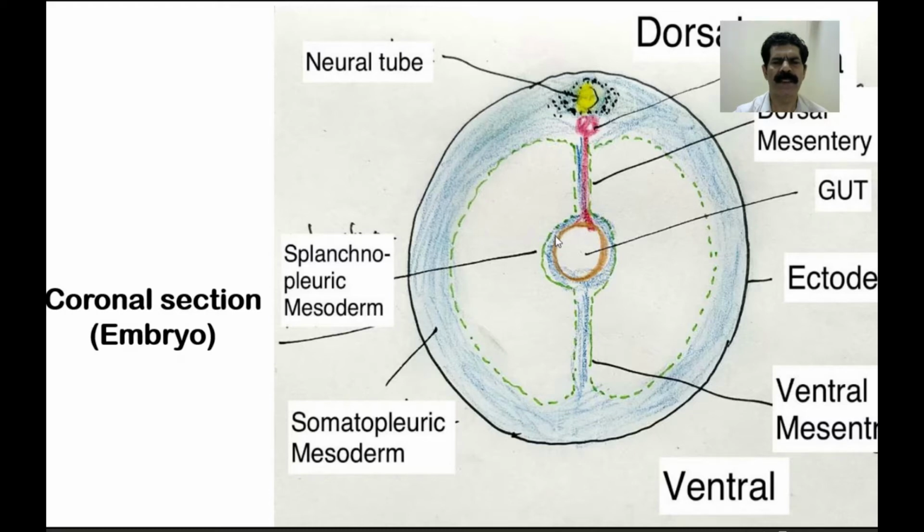This splanchnopleuric component of the mesoderm will give rise to the submucosa, the outer and the inner circular smooth muscles, and the serous coat of the whole of the GIT, and this part of the mesoderm, which is touching the developing gut, will ultimately form the visceral peritoneum, and the dorsal and the ventral parts will develop into the mesenteries. So this is the coronal section of the embryo.